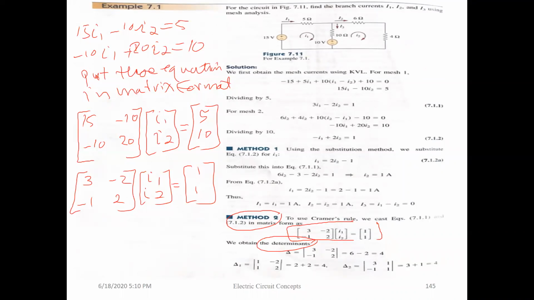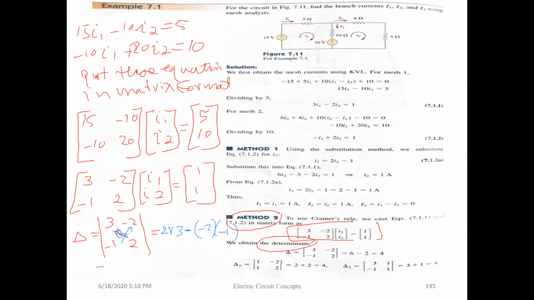So to do the solution, we need to find delta. Delta is the determinant of this matrix, which is 3, minus 2, minus 1, 2. Now, to find the determinant, we always do the cross multiply. Let me change the color. Okay, cross multiply: 2 times 3, and then subtract minus 1 times minus 2.